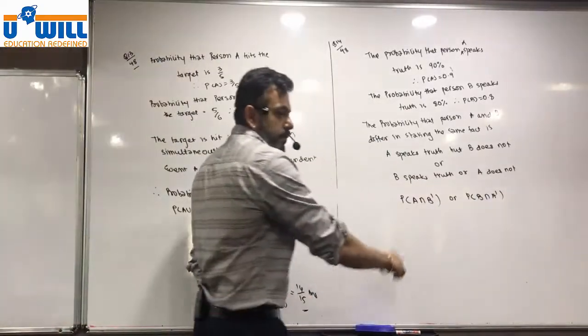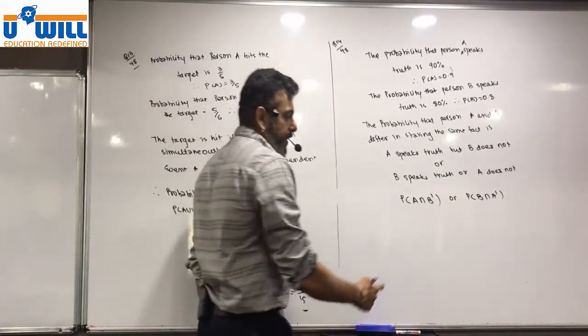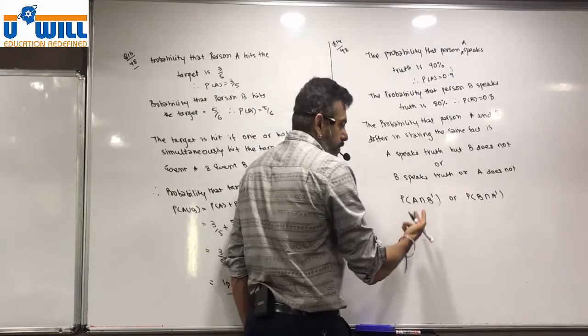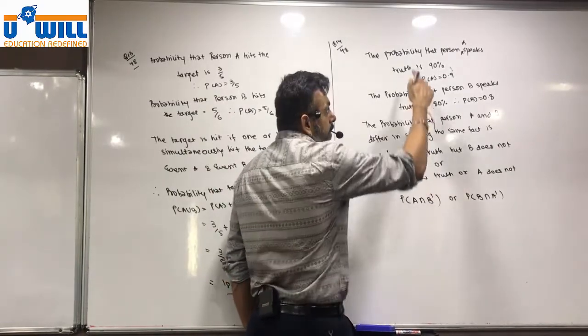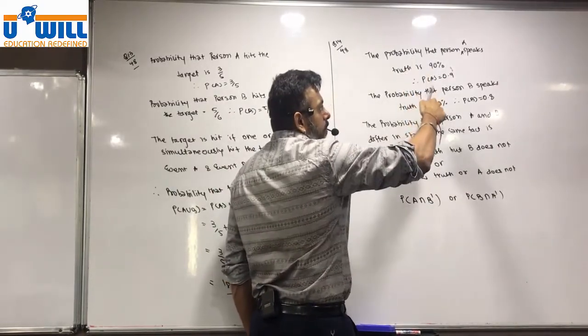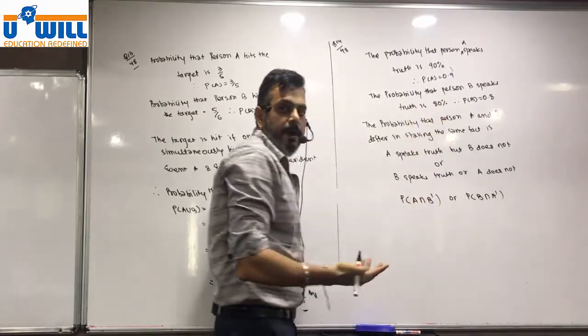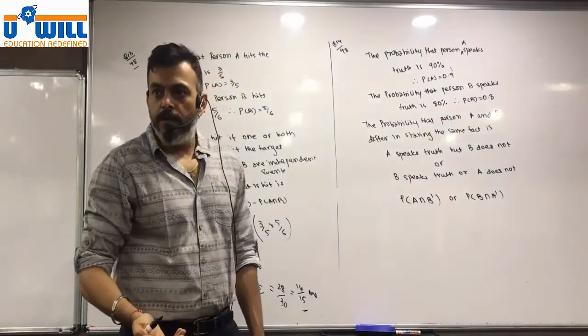Okay. Now we'll use law of multiplication. That's the easiest way, because in A intersection B, this one speaks truth and this one also speaks truth. Both are independent events, isn't it?